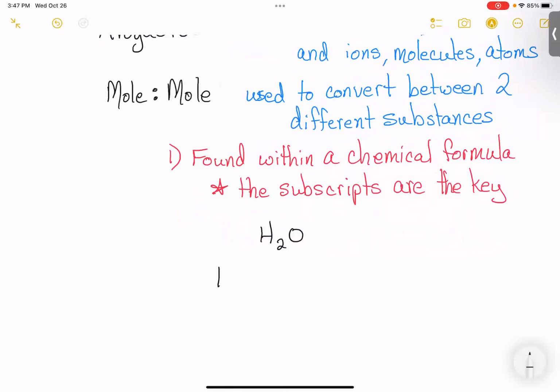For every 1 mole of water, you have to have 2 moles of hydrogen, and you have to have 1 mole of oxygen.